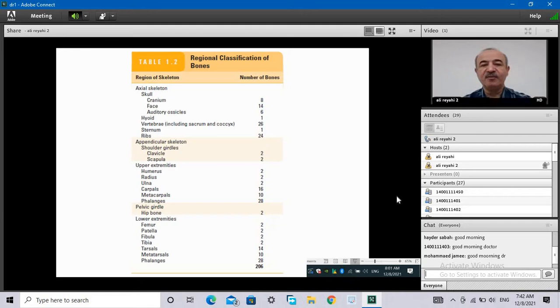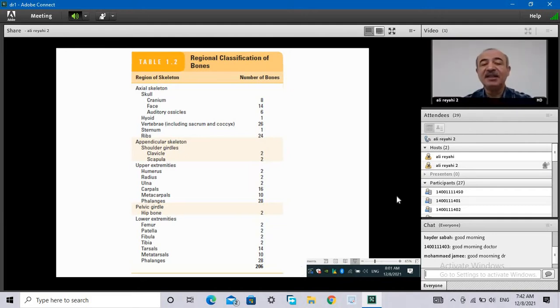All of these form the axial skeleton. And the appendicular skeleton describes the bones of the upper limb and lower limb, and I named all of these bones in the previous lecture.